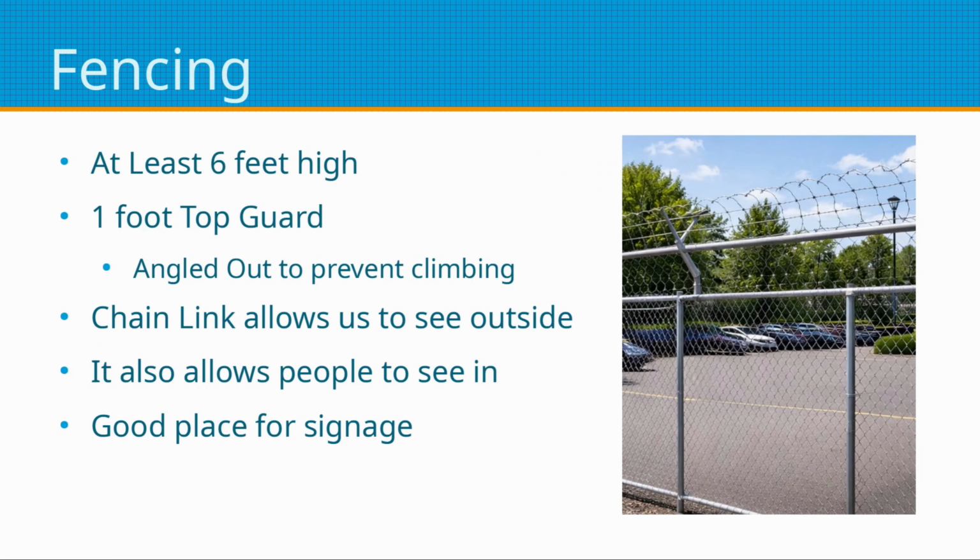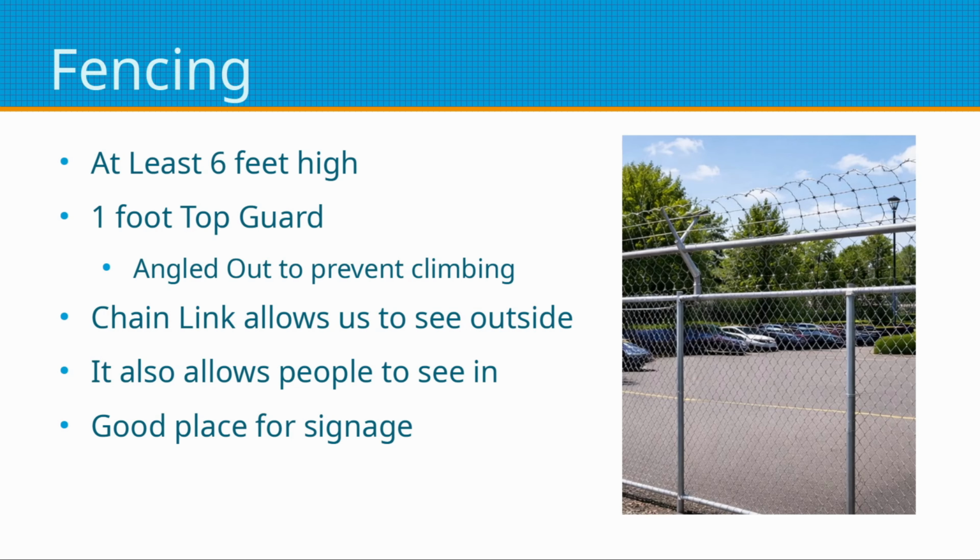If you have fencing, and this is actually one of the ASIS standards that you'll read if you go through the ASIS courses, it needs to be at least 6 feet high with a 1 foot top guard. And so in this picture here you see a 6 foot high fence, and then you've got a top guard on top of it that's actually got a little bit of barbed wire on there.